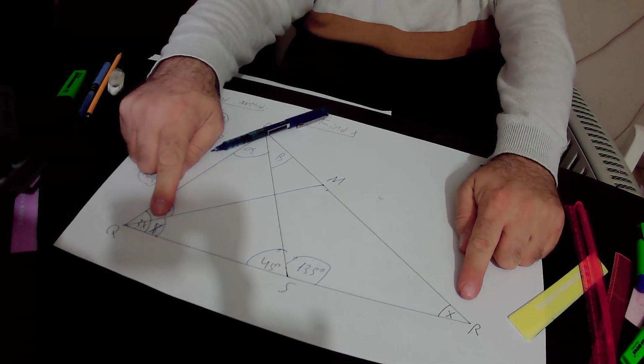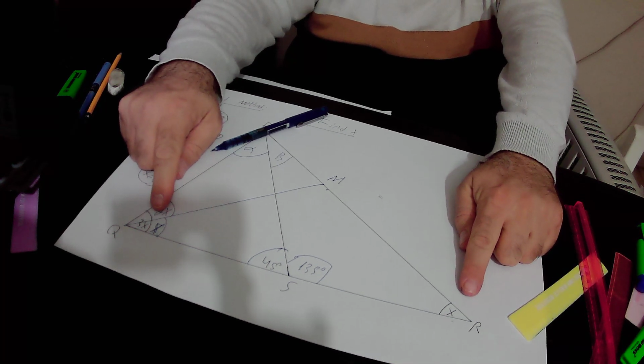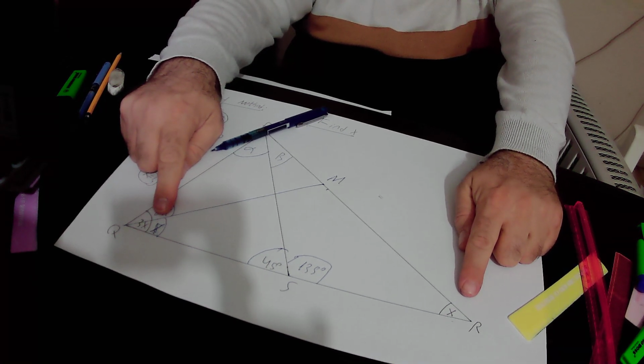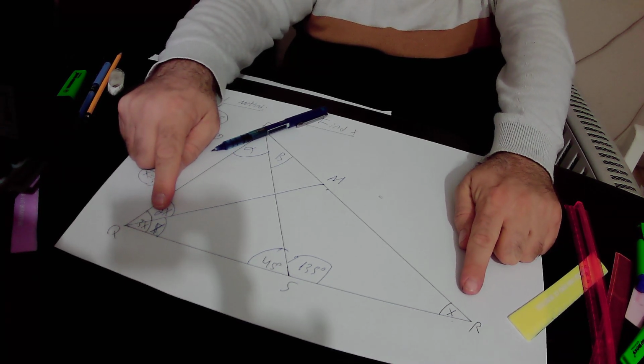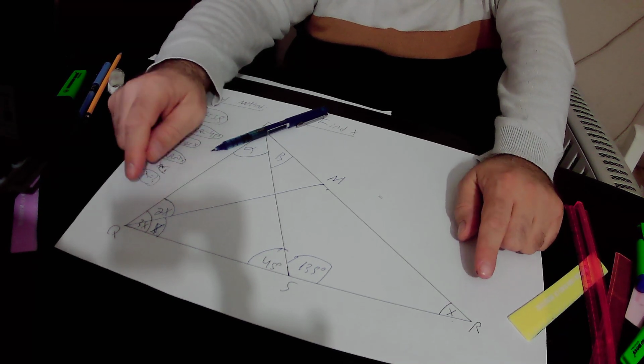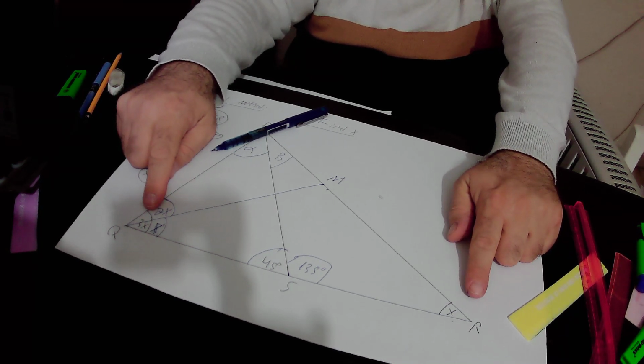They are both equal to x. Therefore, triangle QMR is an isosceles triangle, and QR is the base of the isosceles triangle QMR.